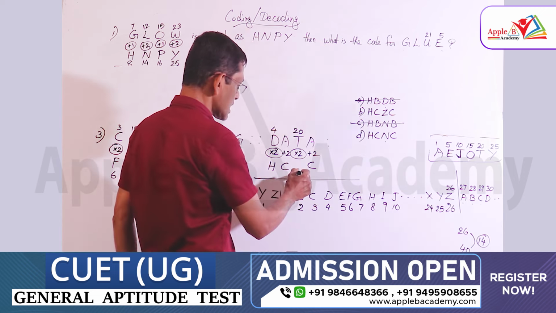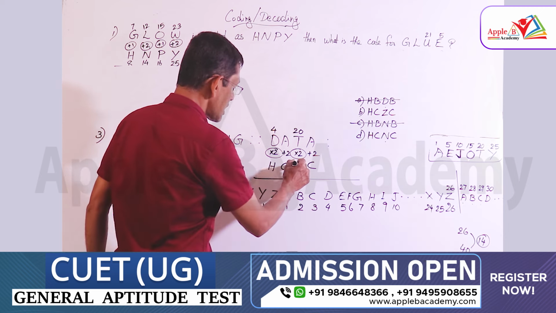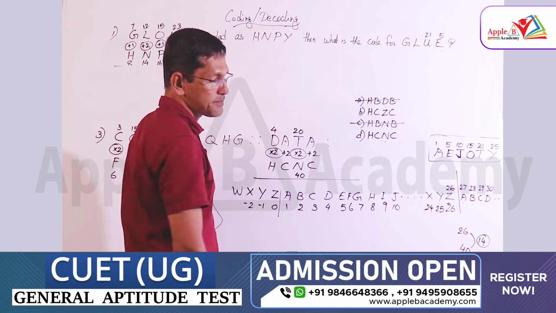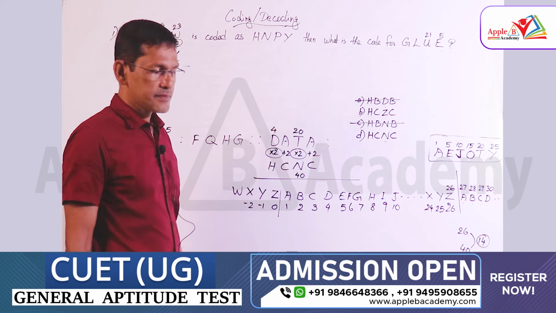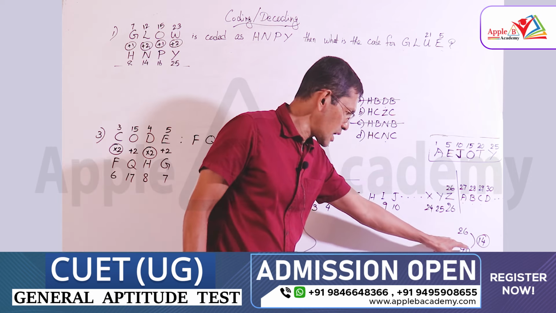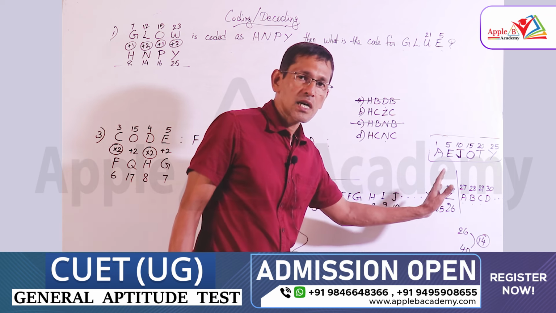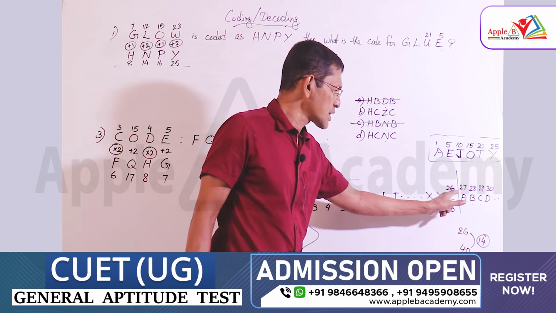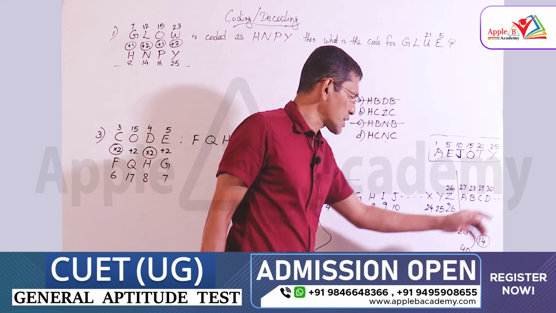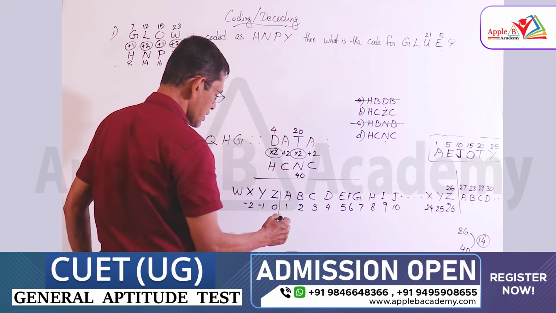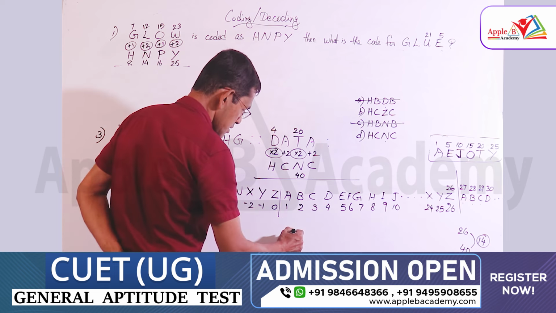So this is the 40th letter. What we are looking for is N. Got the idea? So 26, and we need to find the 40th letter. The 40th letter would be the letter 14 after this 26.